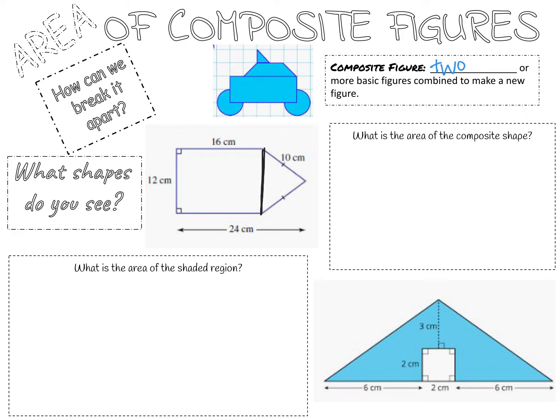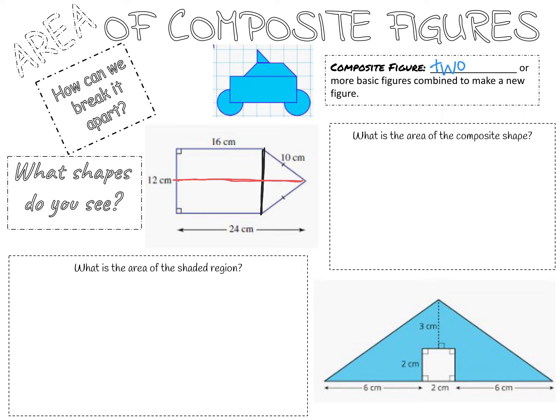Another way we could actually do this one is breaking it into two separate trapezoids. Neither way is better than the other. Like I said, it just kind of depends on how you want to look at it. Figuring that most people have an easier time with triangles and rectangles, I'm going to choose to show it that way.